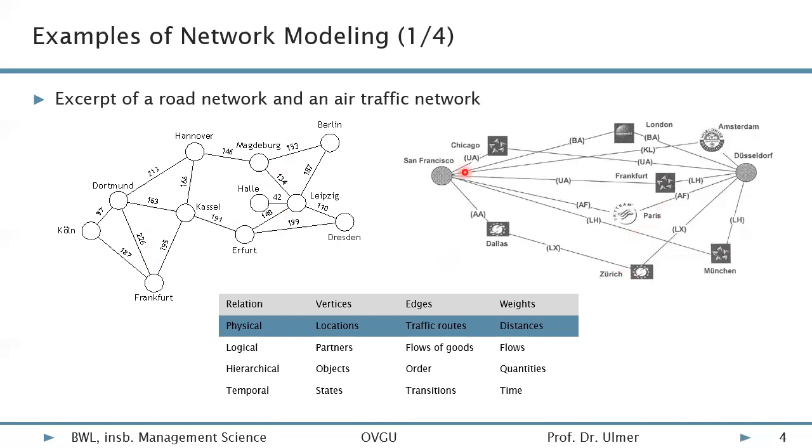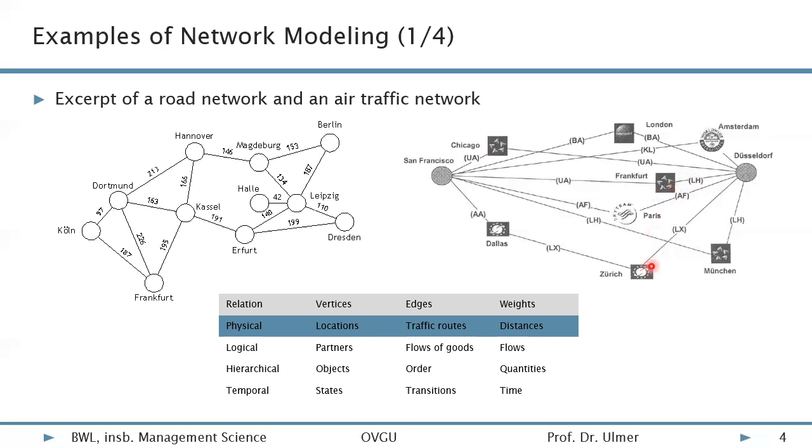On the other side here, we have an air traffic network where the vertices are again locations. San Francisco here, Düsseldorf, and then we have some additional edges with some information, and Frankfurt, for example, has the star for Star Alliance.